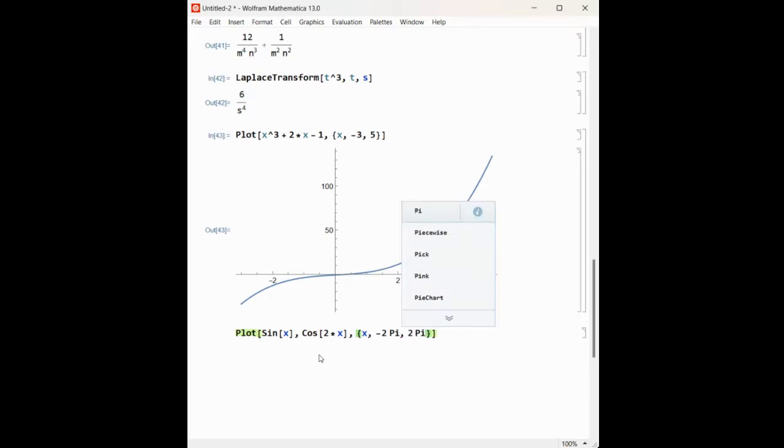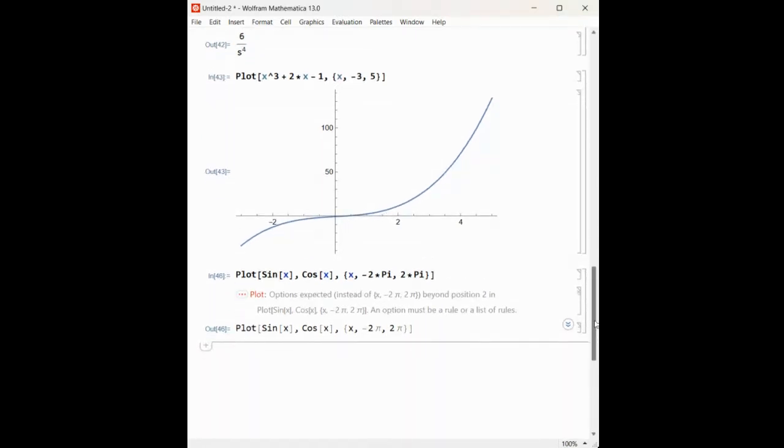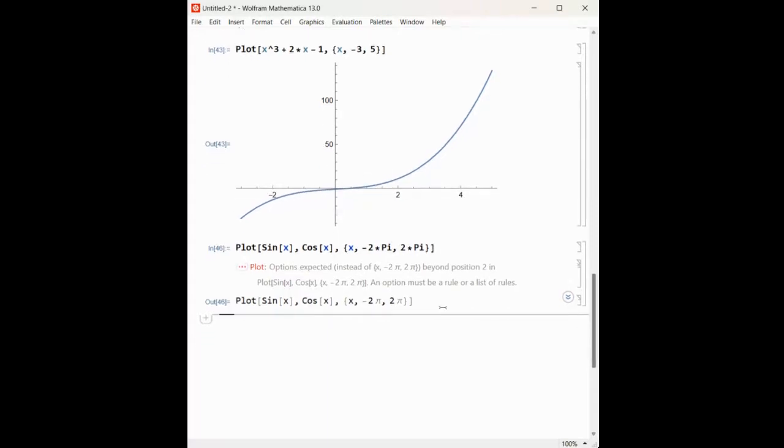Let me see if this will run like this. If I don't multiply by 2 pi, it cannot. Okay, so let me write cos x only. All right, let me try minus 3 pi to 3 pi.